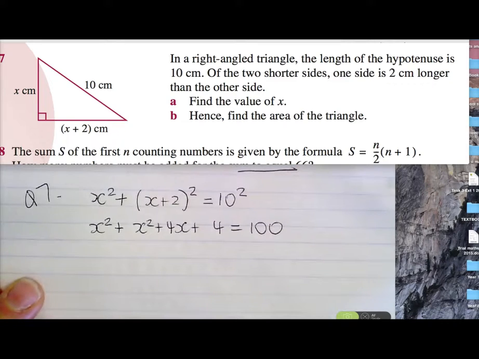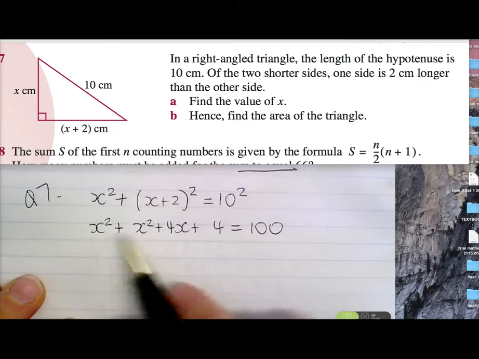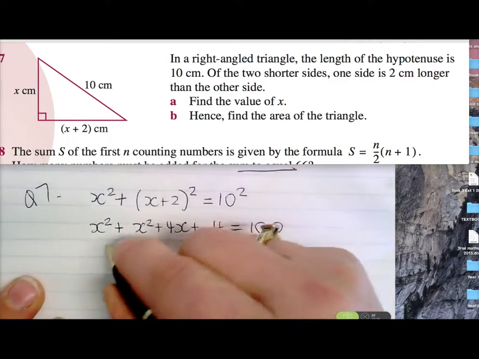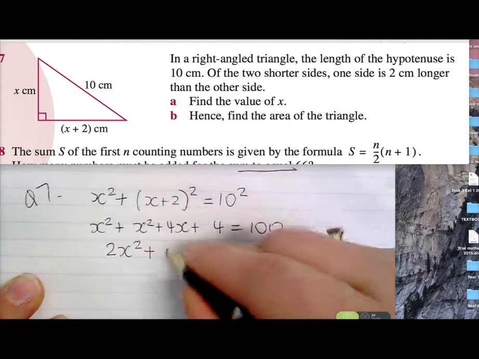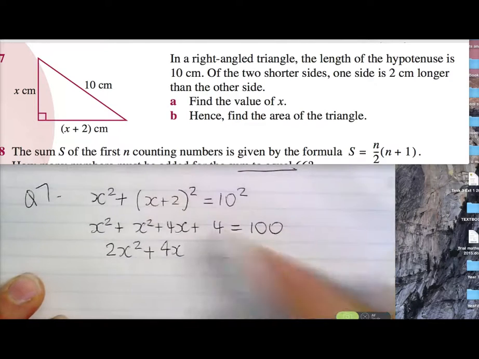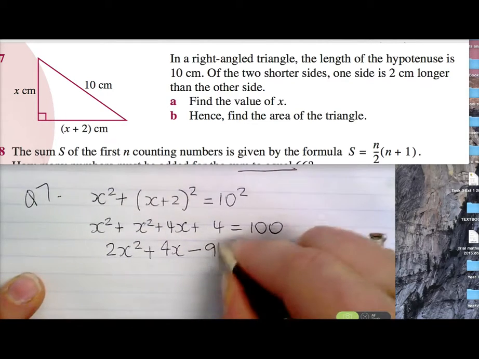Everything to the left and collect like terms. X squared plus x squared is 2x squared plus, now can we just do the 4 minus 100 straight away? What is it? Minus 96.